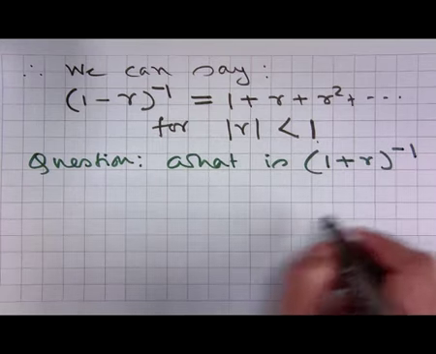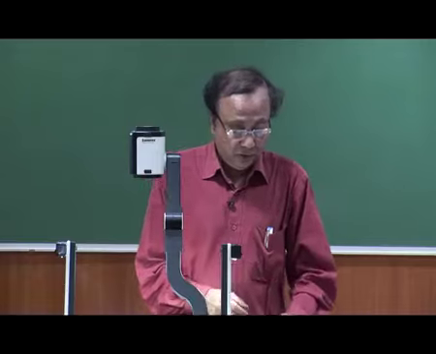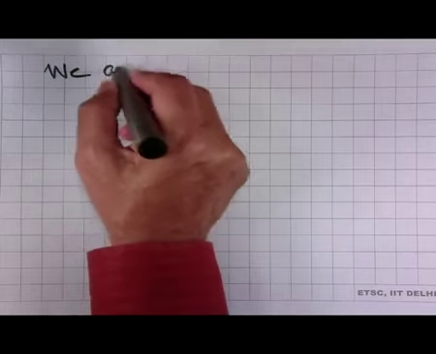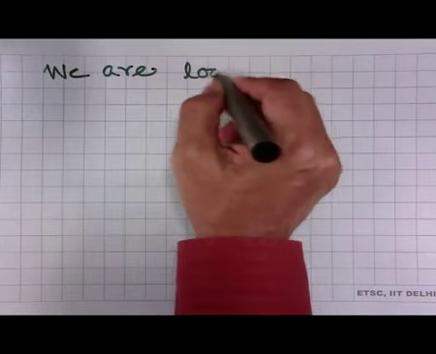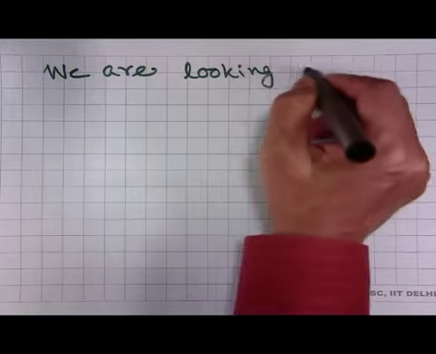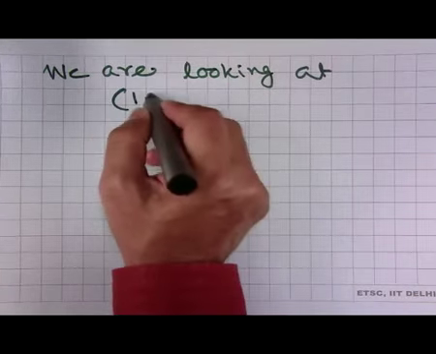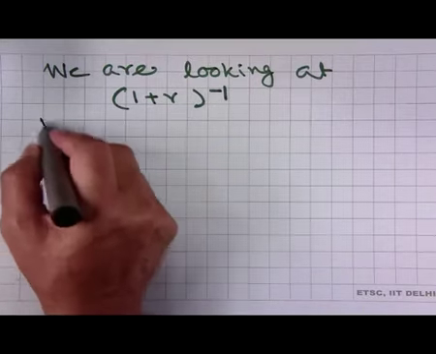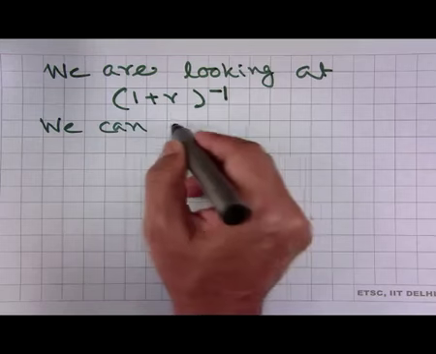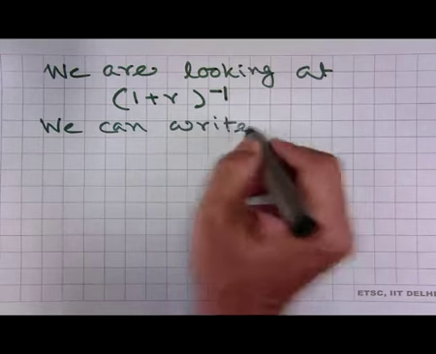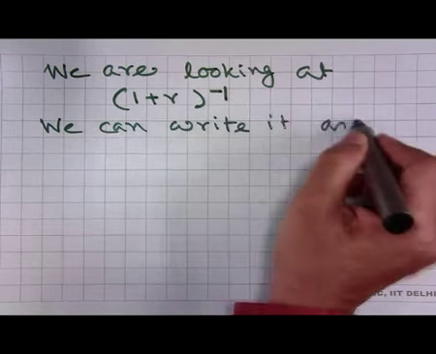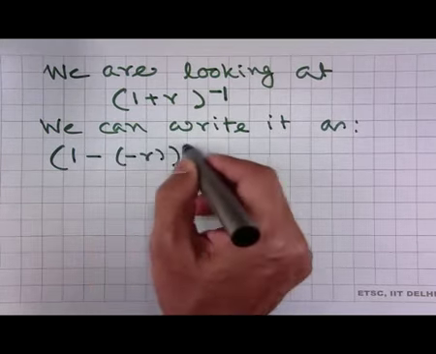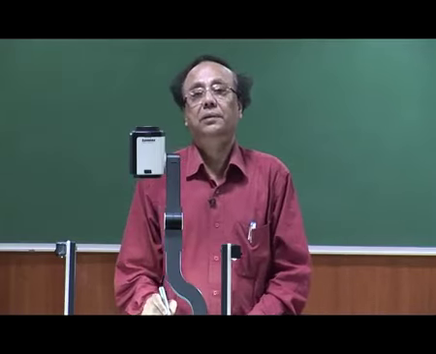We can compute it easily from this. So, we are looking at 1 plus r whole to the power minus 1. We can write it as 1 minus minus r whole to the power minus 1.